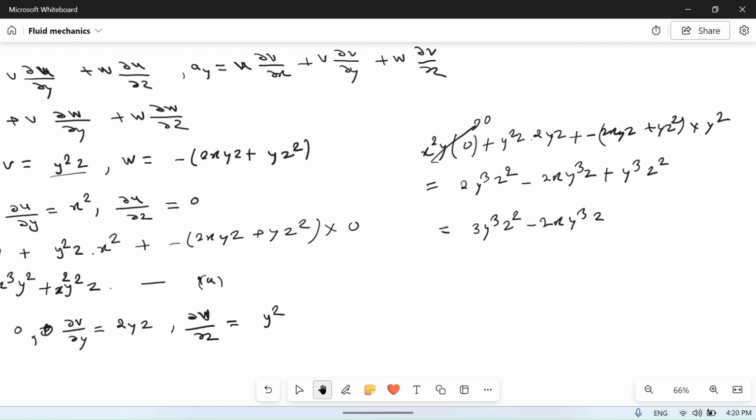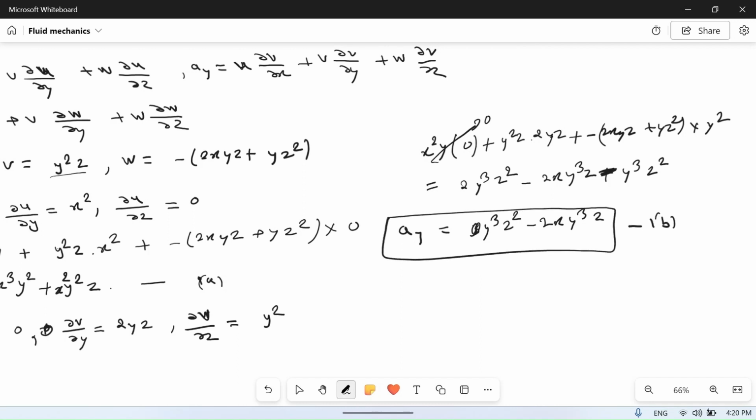Sorry, there was one mistake: because there is a minus outside the bracket, the term will also become minus. So 2 minus 1 will become 1. So it is y cube z square minus 2xy cube z. Okay, so this is ay. Suppose this is equation 1b.